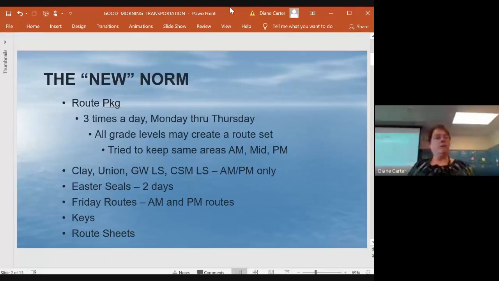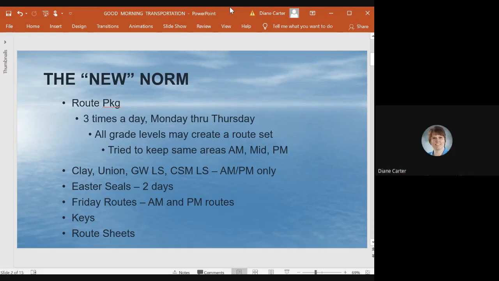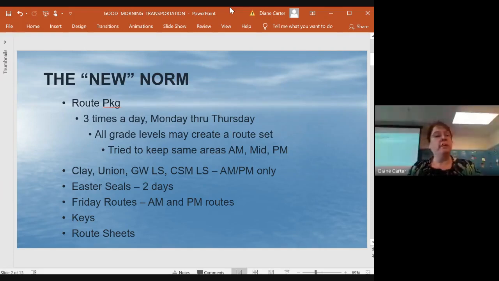Okay. We'll start over. Our new norm. We're going to go over the route packages and talk about what to expect at transportation. I was also starting to tell everybody about tonight's meeting. If you'd like to watch the Board of Education meeting, go to the website woodstockschools.org, the .org, and it'll take you to our website for the district.